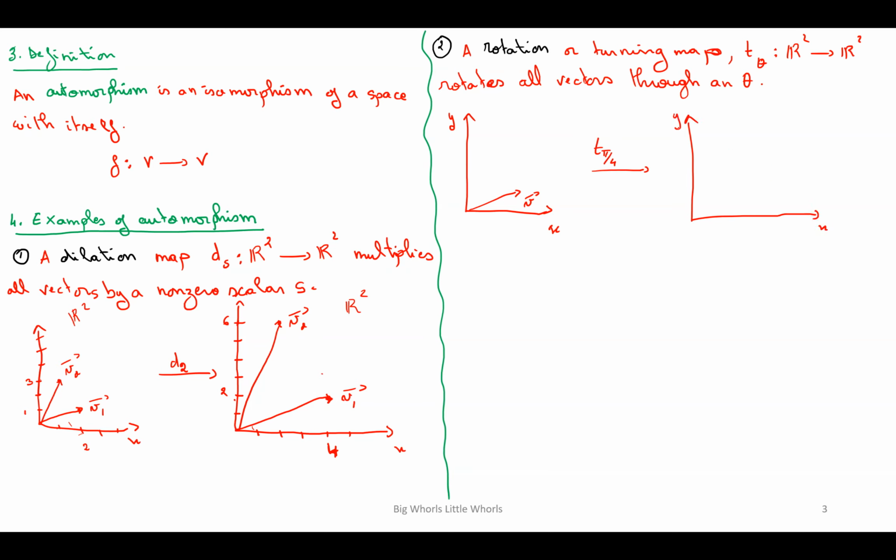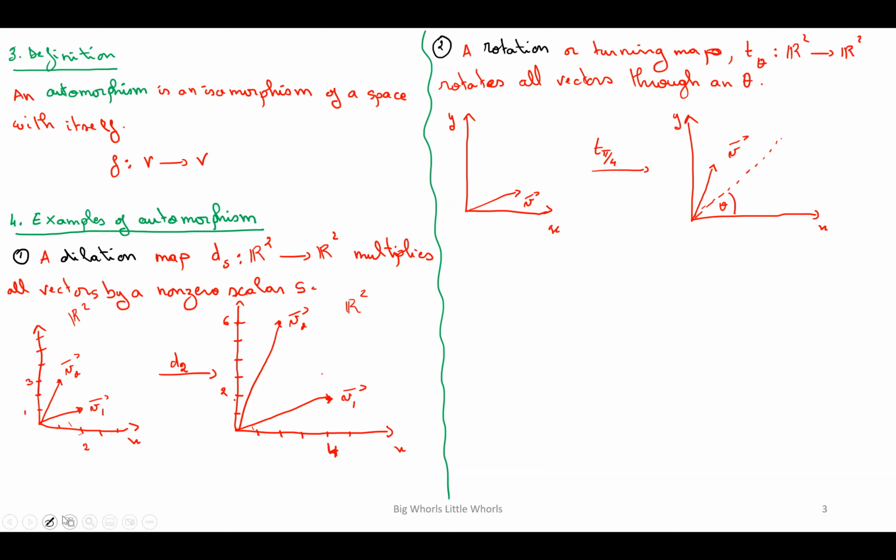So x here, y here, and this is our pi over 4, and our new vector is going to be something like this. This is our new vector. So through the angle pi over 4. Okay, so this is theta.